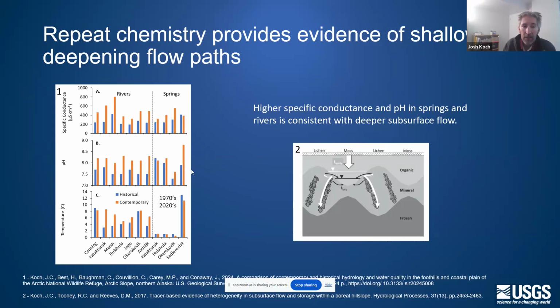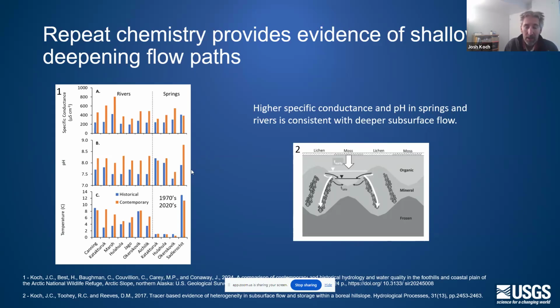And this plot on the left is showing the evolution over that time period of some simple tracers, specific conductance. We also looked at pH, and we found that both of these increased over this approximately 50-year time frame, which we can conceptualize as, when we're talking about our shallowest water and our suprapermafrost aquifers, we have this layered system where we have organic material and dead vegetation closer to the surface.